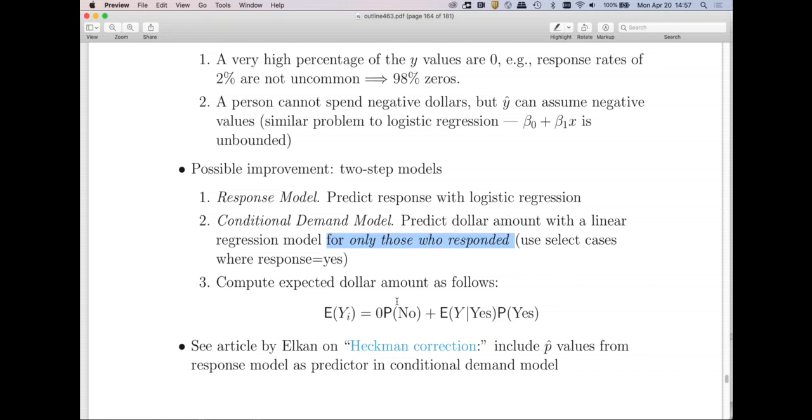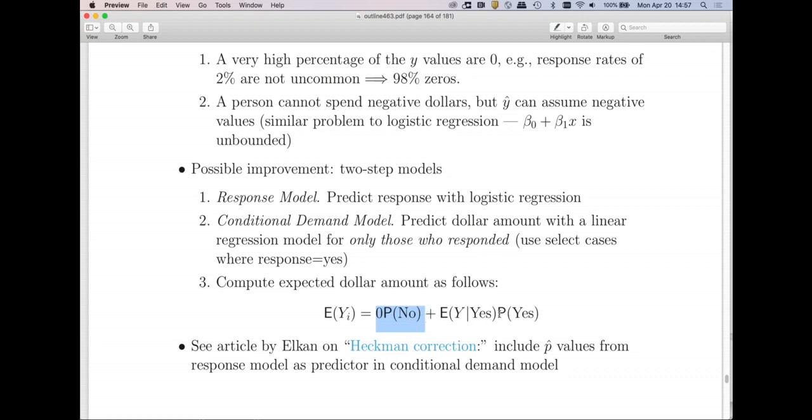Then what I do is I compute the expected spend as follows. So among the people who don't spend anything, I make 0. So that whole term is 0. Don't really need it, but it's part of the formula for finding the expected value of a discrete random variable, in this case buy or not buy.